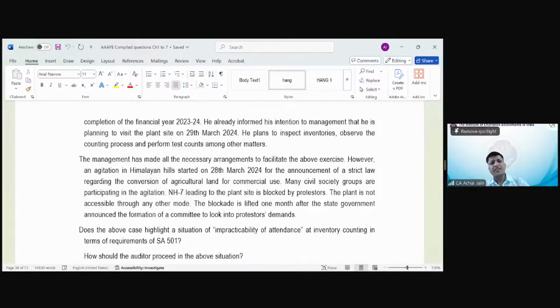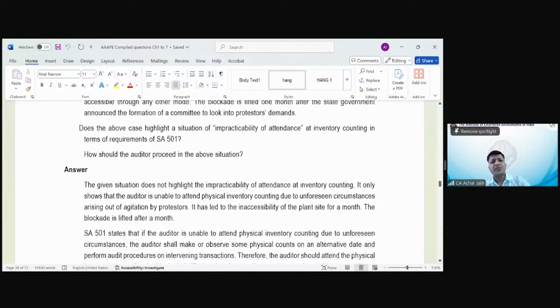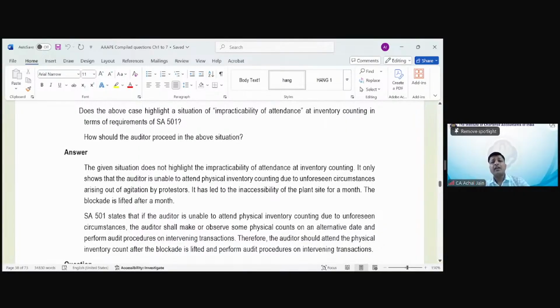All right, so let's look at this. See, the given situation doesn't highlight impracticability of attendance. It only shows that the auditor is unable to attend the physical verification due to the problems.